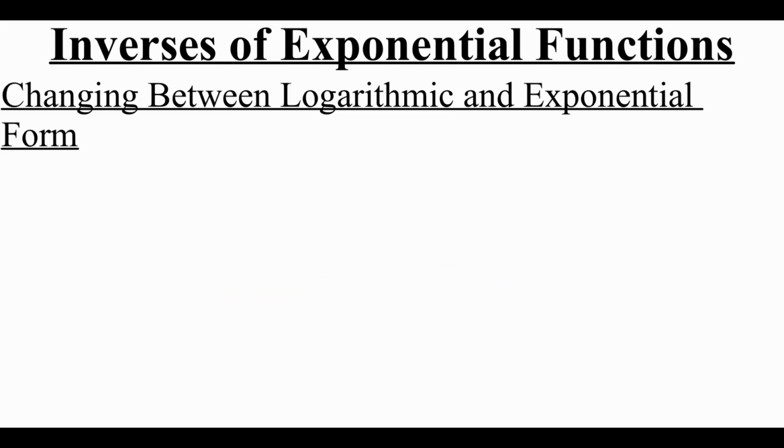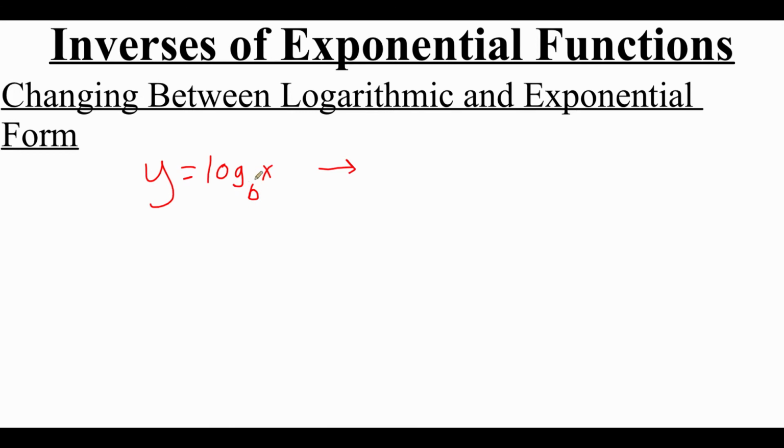Now we typically do a lot of changing back and forth between logarithmic form and exponential form as a way to try to make logarithms make more sense. So if we have something written in logarithmic form, we're going to have something written as y equals log base b of x. And we can actually take that and switch that into an exponential function.